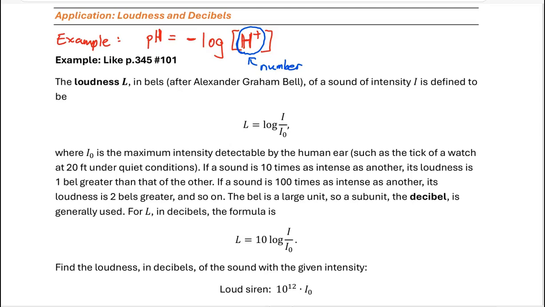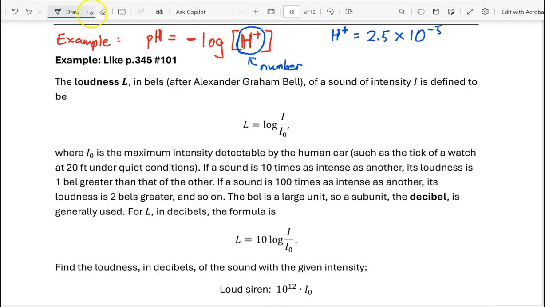So let's say the hydrogen ion number is, I'm just going to make something up, 2.5. And a lot of times they're giving it to you in scientific notation. 2.5 times 10 to the negative 5. You literally can just type that into your calculator to figure it out.